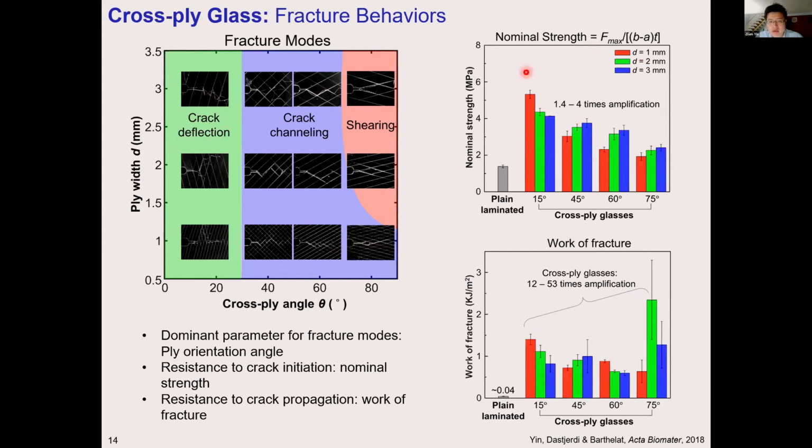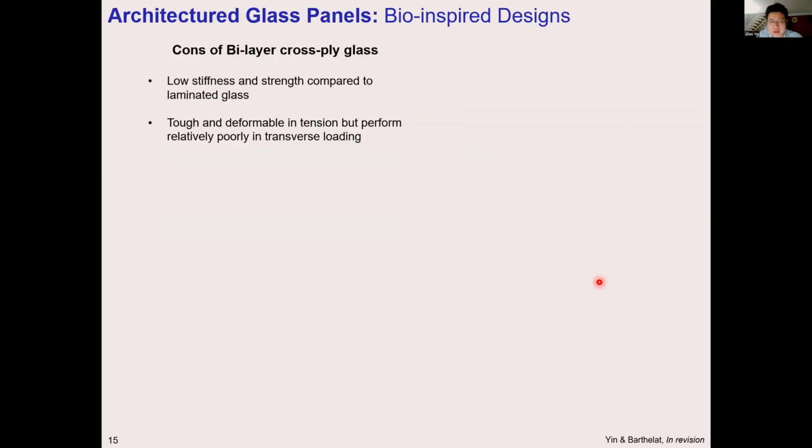Overall, for crack initiation, we have up to 4 times amplification compared to plain laminate glass, and in terms of fracture toughness, which is resistance to crack propagation, we got up to 50 times amplification. So we have a very deformable and tough cross-ply glass.